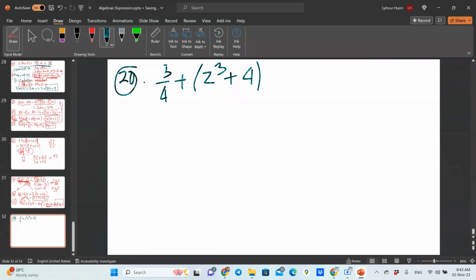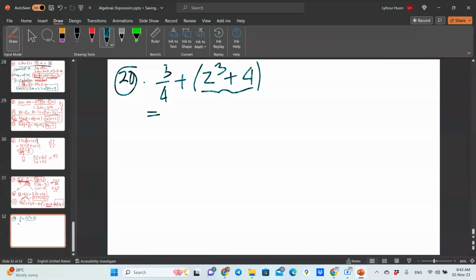Associative. So we know that we cannot add z cubed plus 4, so we need to group with the other term, but the result will be the same. What should be grouped with what?